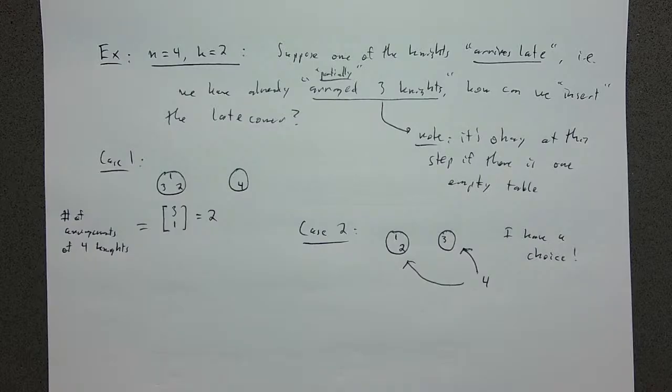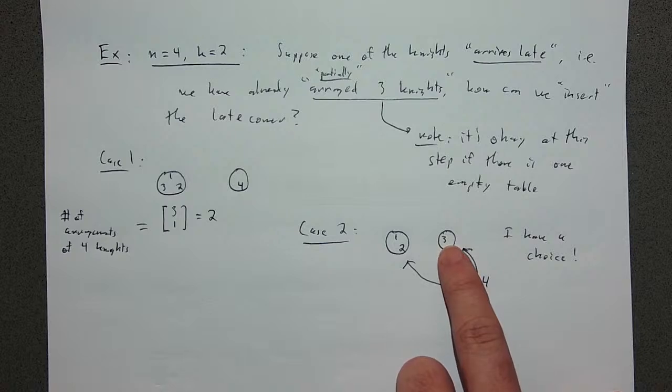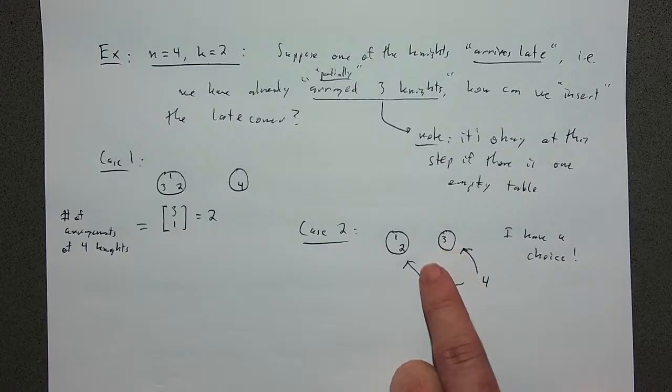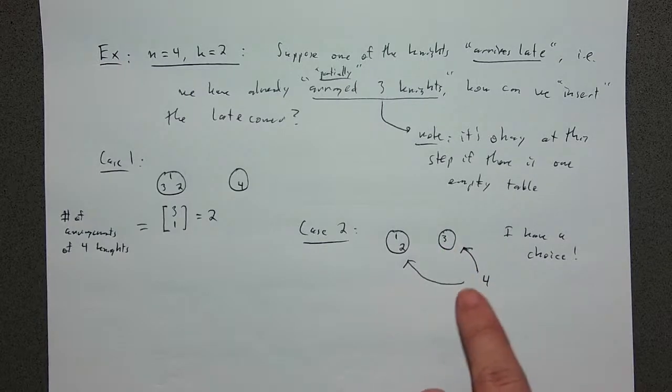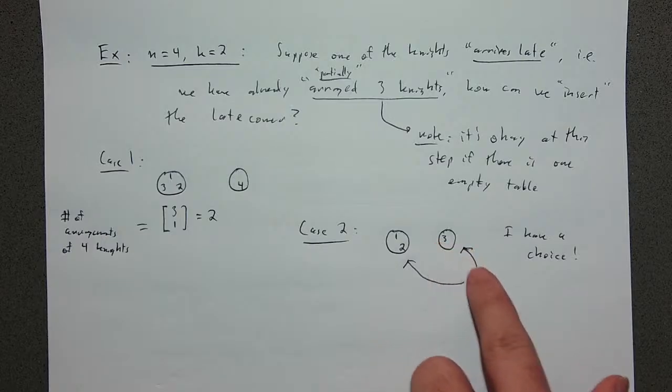Okay. Let's see how many ways there are to do that. So what do I do? 2 of the knights are here, 1 of the knights is at the other table. You can join the single knight. So how many ways can I join the single knight? Well, really, there's only one way.